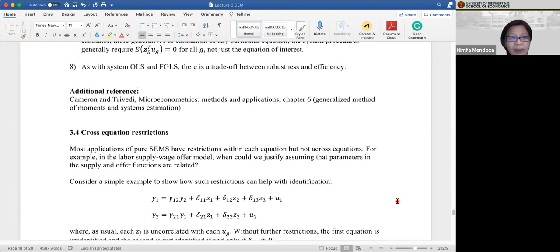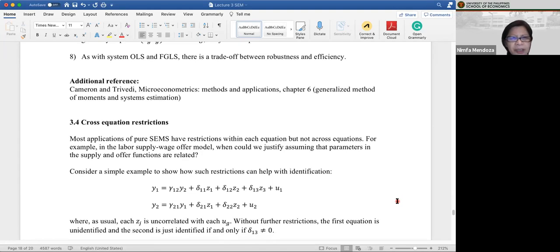Now let's see how cross-equation restrictions and restrictions on the variance-covariance matrix can help identification. Though there are really rarely cases of cross-equation restrictions and variance-covariance matrix restrictions in simultaneous equation models.